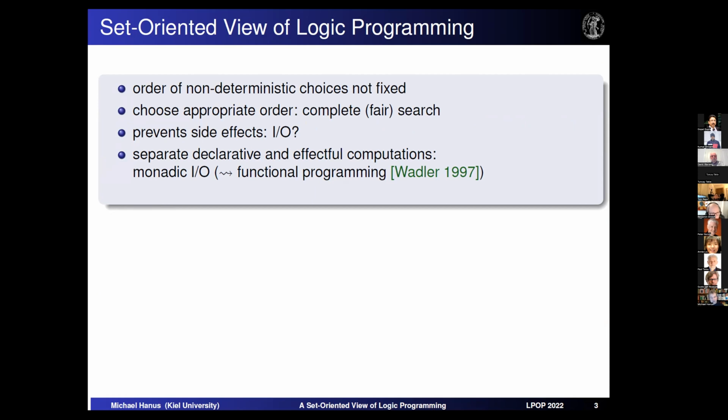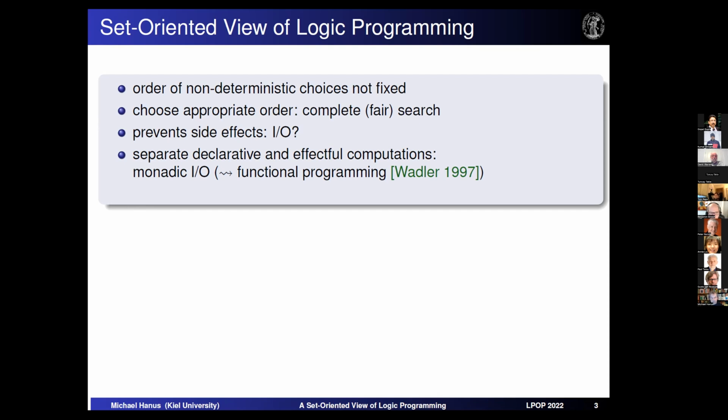But on the other hand, this prevents side effects, because how do we do I/O if we do not know the exact order? And if we look, for instance, in the functional programming community, they also have the same problem, but they have found an interesting solution to separate declarative and effectful computations, also by the type system, which is basically called monadic I/O.